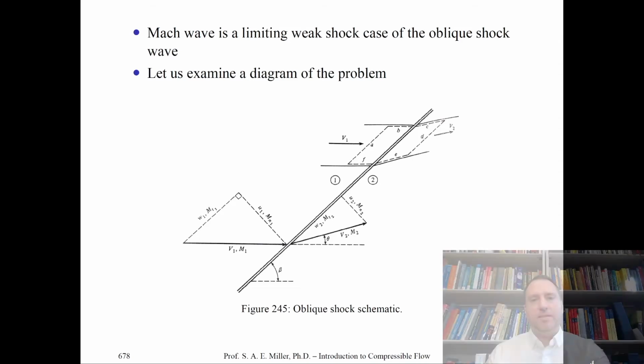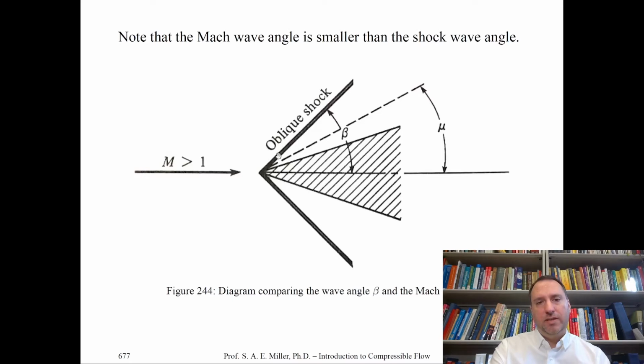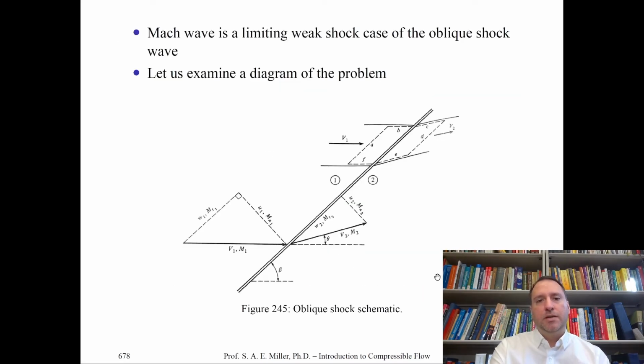So let's analyze this problem with a particular control volume. Remember, a Mach wave is a limiting or weak shock case of the so-called oblique shock wave. Now let's focus on the oblique shock wave diagram and put a control volume exactly across the oblique shock, where my cursor is moving, or here. So we'll call our angle of the shock wave relative to the incoming flow direction beta.